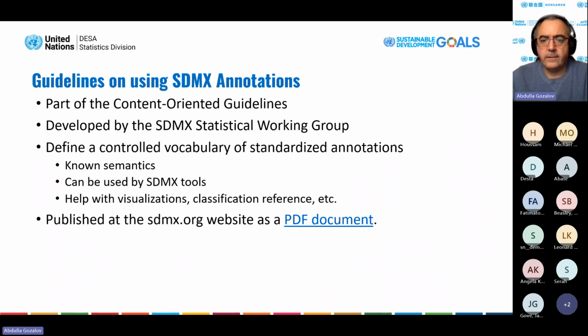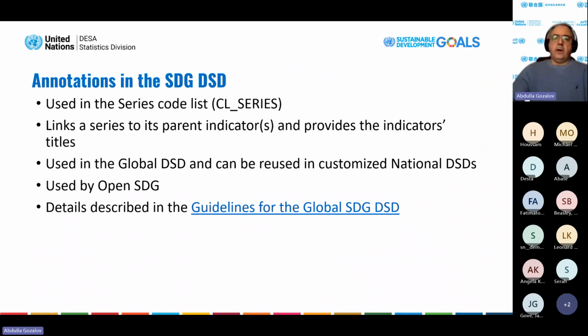No questions. Okay, let's go on. So how are annotations used in the SDG data structure definition? They are principally used in the series code list, and they're used to link a series to its indicators, right?